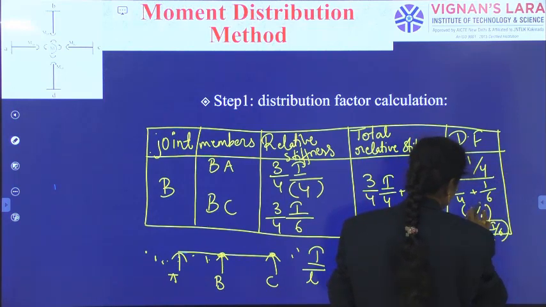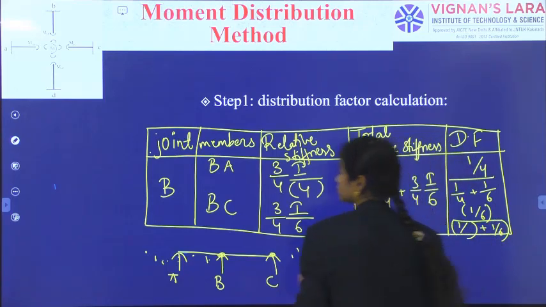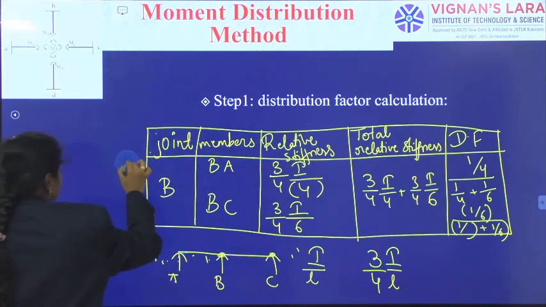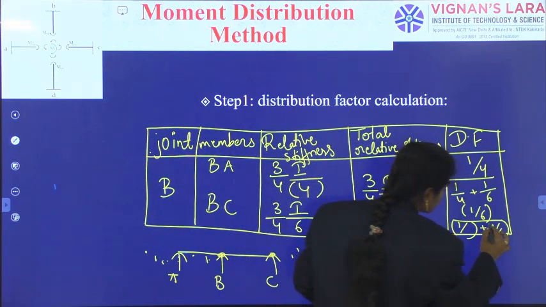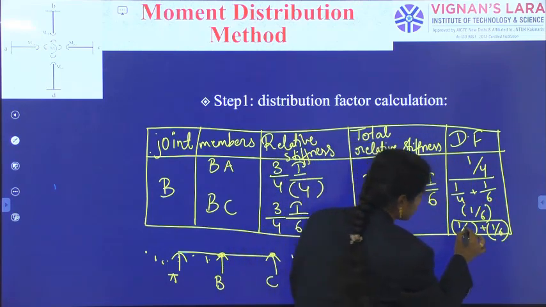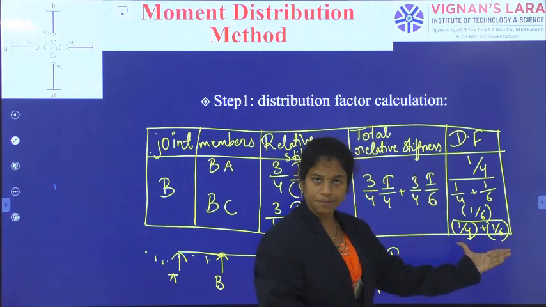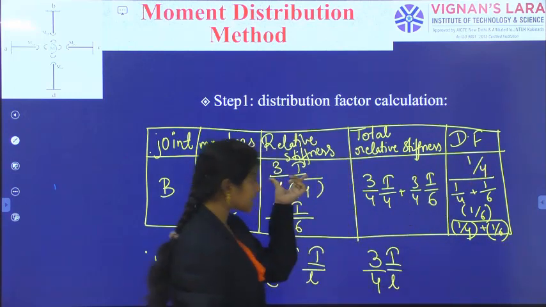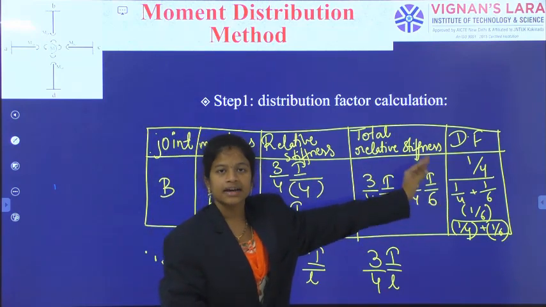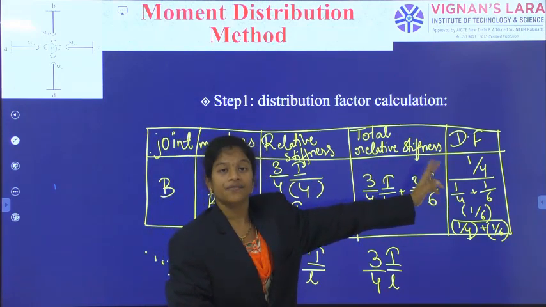I am simply removing I and keeping 1 as is. Three by 4 of I I have removed and I kept 1/4 by 1/4 plus 1/6 and then 1/6 by 1/4 plus 1/6. So, the base as it is, and the top is the corresponding relative stiffness. Taking the ratios out, we will calculate the distribution factors.